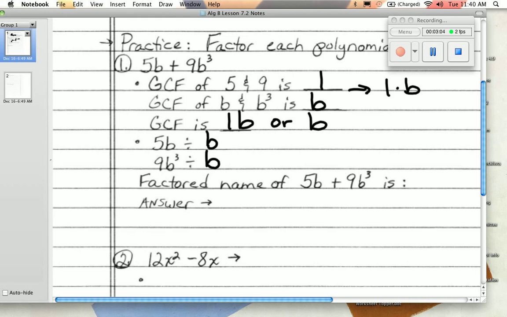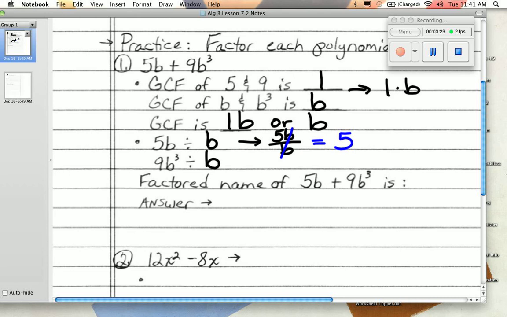And maybe it might be better for some of you to write it as a fraction, 5b divided by b, because then you can see that the b's are going to cancel out, and that becomes 5, doesn't it?